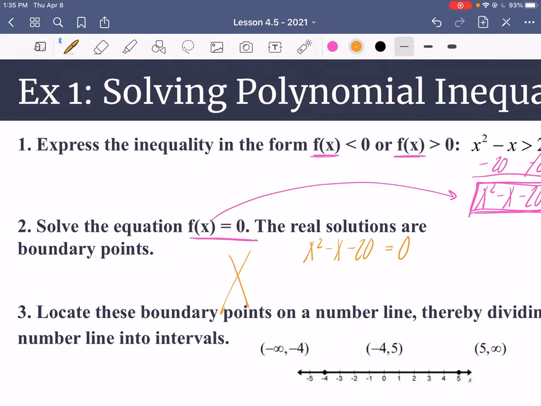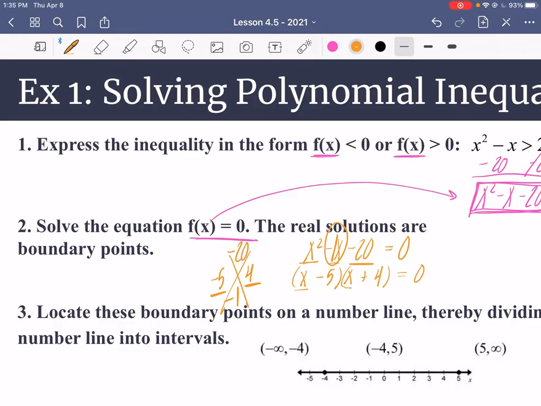In this case, this is a quadratic, and oftentimes these polynomials are going to be quadratic, so you're going to have to factor them. Okay, so we need x times x to give us this x squared. Then we're looking for 2 terms that multiply to give us negative 20, and add to give us this middle term of negative 1. So negative 5 and 4 will do that.